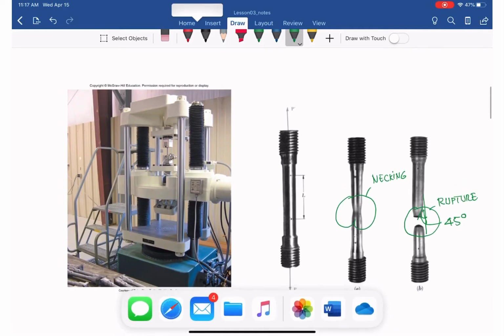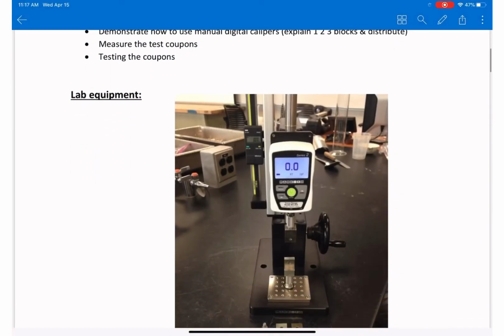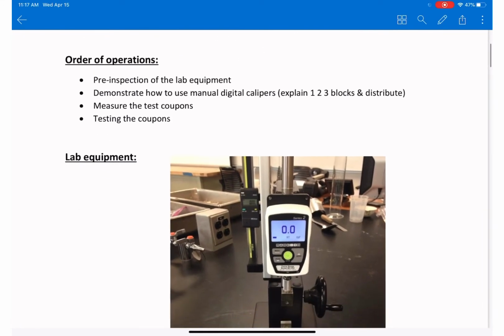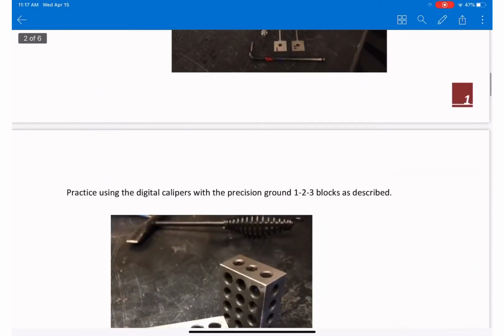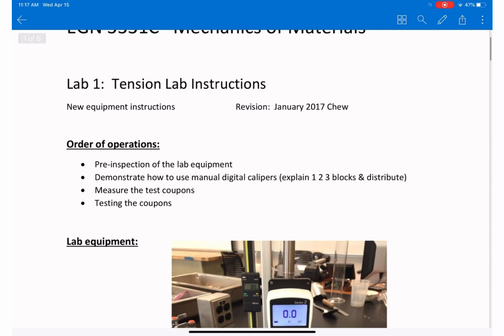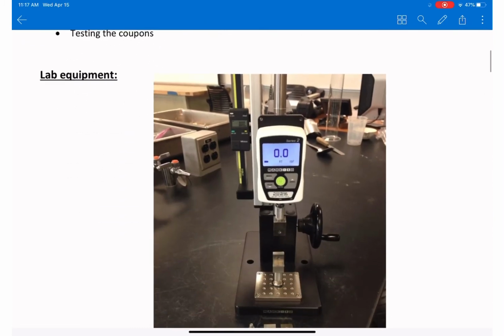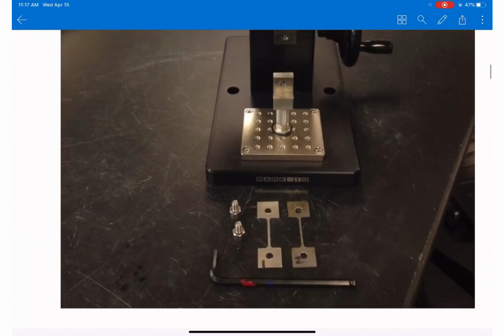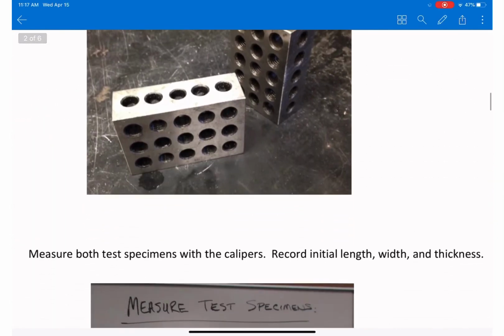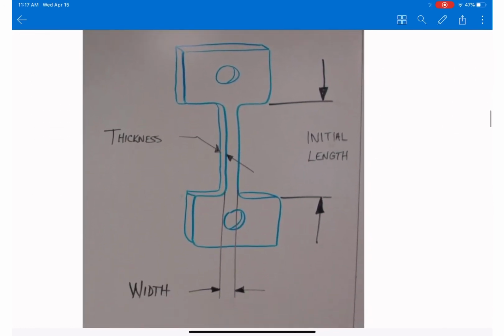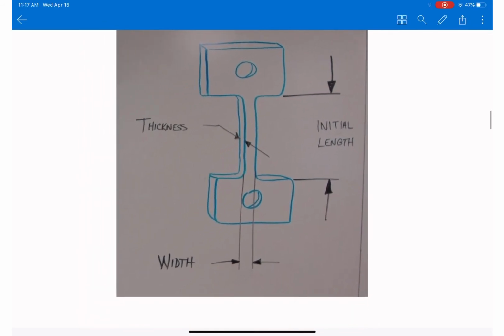Our lab, let's go a little bit quick here. So this is the equipment for our lab, and you can go ahead and read that instruction and prepare for the presentation with the report for your first lab, the tension lab instruction. This is the equipment, and this is where you put the specimen in. You measure the thickness, the initial length, that is L0, and the width of the material.